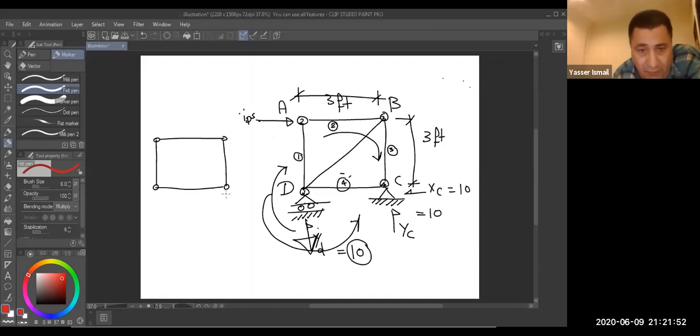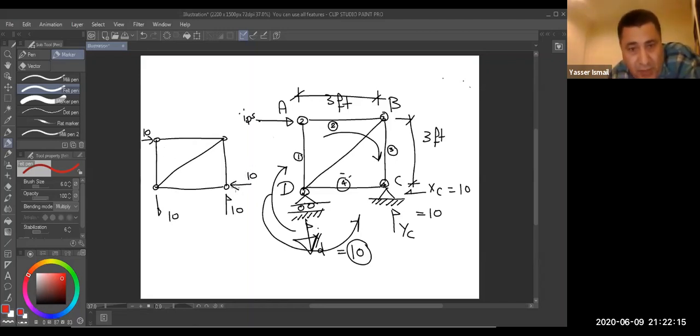I have a force here 10, a force here 10, and a member, and a force here 10, and here 10. Yes, balanced now. 10 in the X direction, 10, 10. In the Y direction, 10, 10.